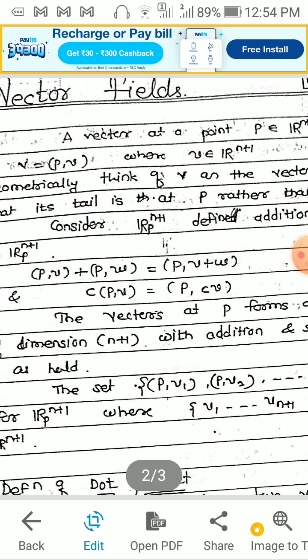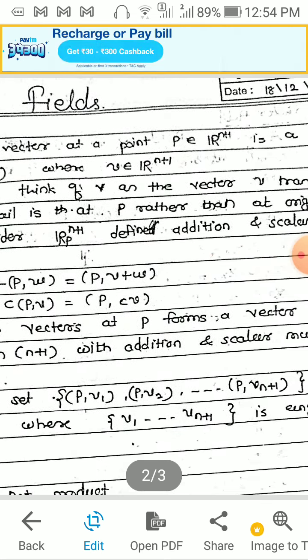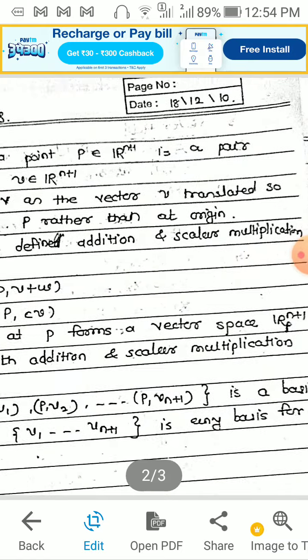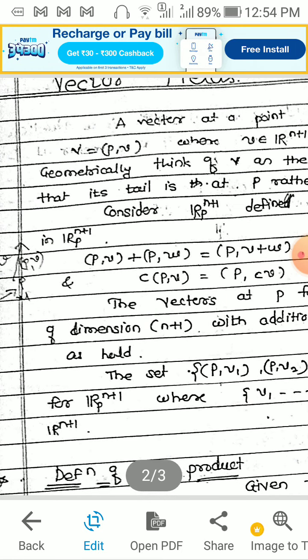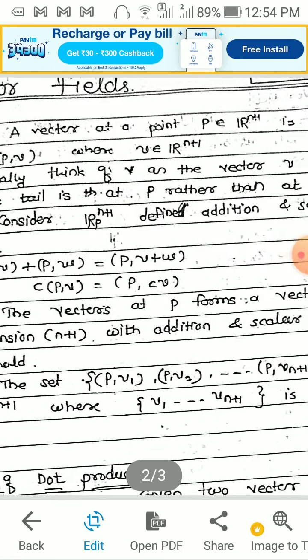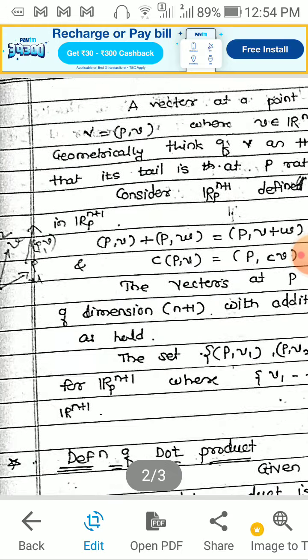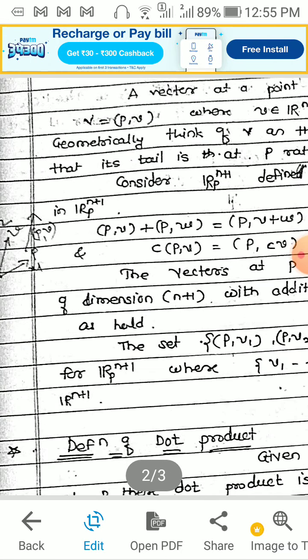Geometrically, think of V as the vector v translated so that the tail is at P rather than at origin. See the figure: at each point P a vector V is defined. We call this an ordered pair (P, v). P is a point and v is a vector defined on that point.